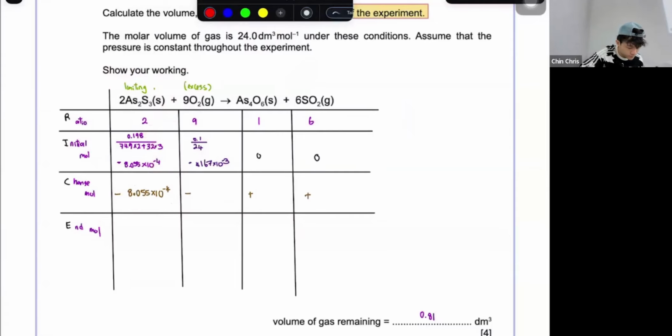This value divided by 2 times 9. Divided by 2 times 1.